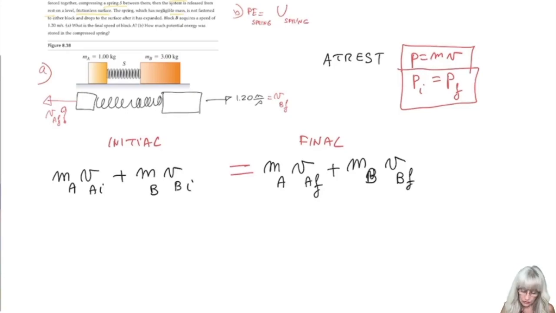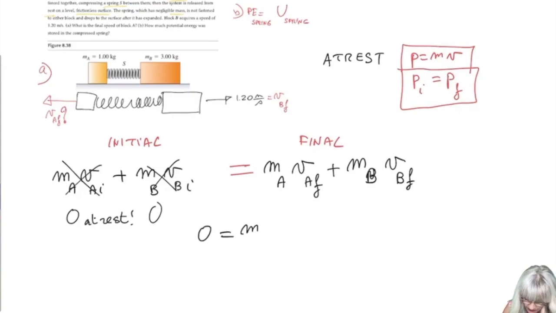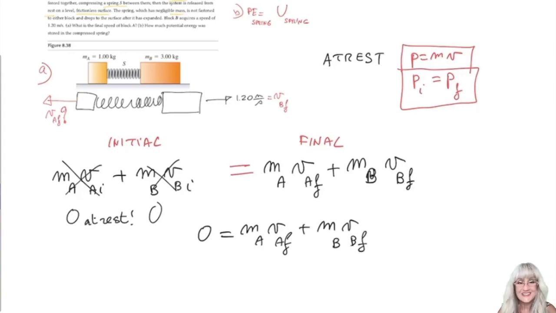This is a classic treatment. I know this is a 0, this is a 0. Why? Because they are at rest. So I'm left with this equation, 0 equals the momentum of A final plus the momentum of B final.